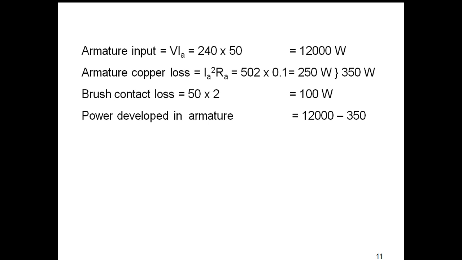And the power developed in the armature is the input minus losses, that is 12,000 minus 250 plus, sorry, minus 100, that is total 12,000 minus 350, we get 11,650 watts or 11.65 kW.